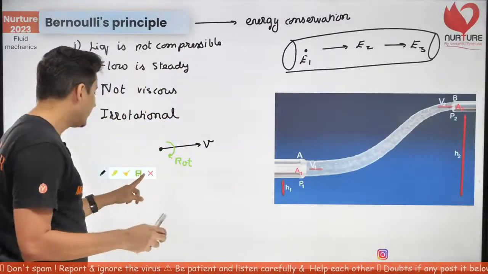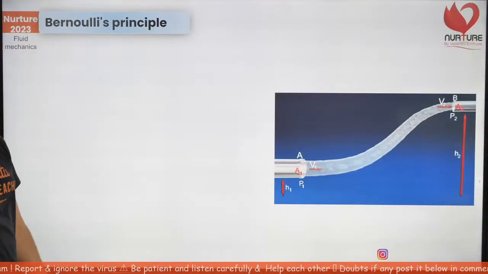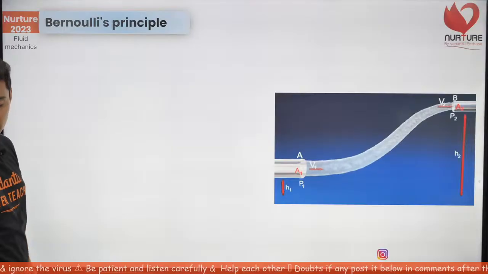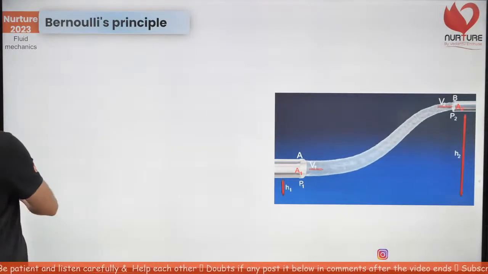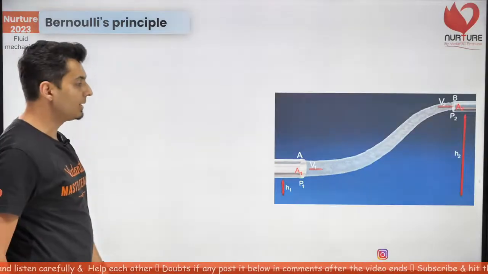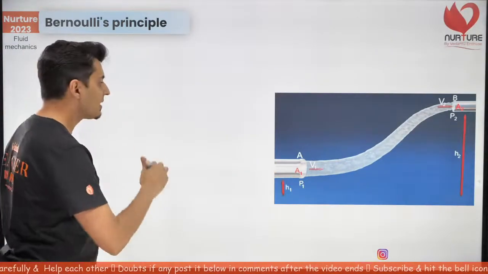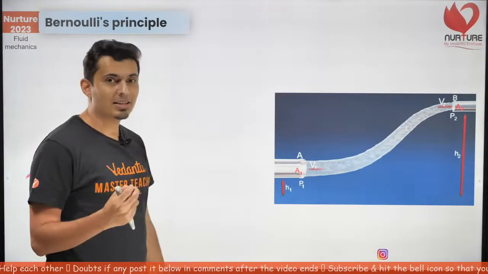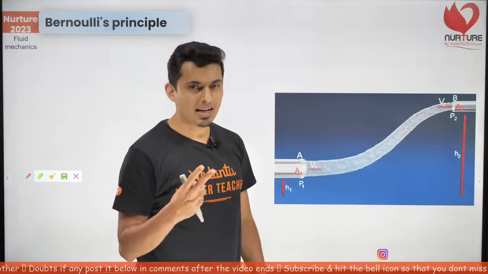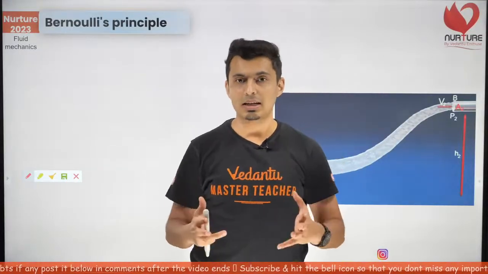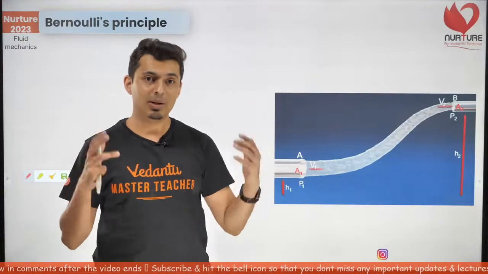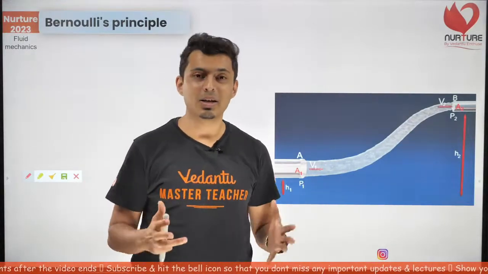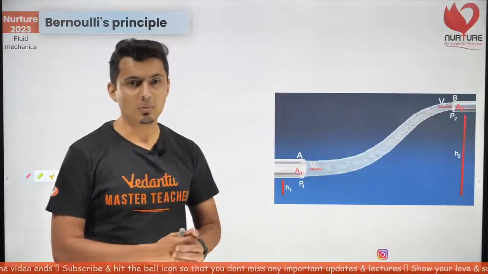So there are 3 kinds of energy that you should be aware of when you have a moving liquid. What are those 3 energies? One is pressure energy per unit volume. The second one is hydrostatic energy or potential energy per unit volume, and the third one is kinetic energy per unit volume.